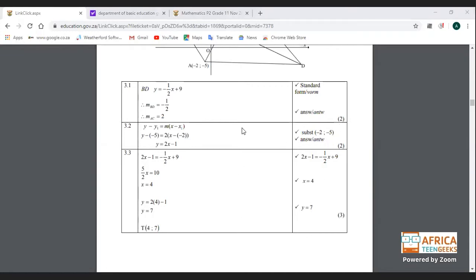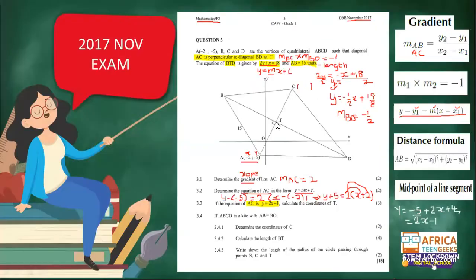If you look at point T, what other information are you given? Remember, you just calculated the length, the equation for AC, and you also have the equation of BD. And what is this point T?